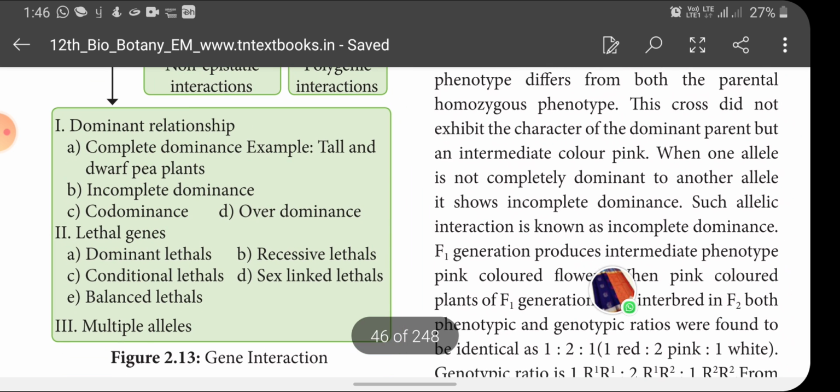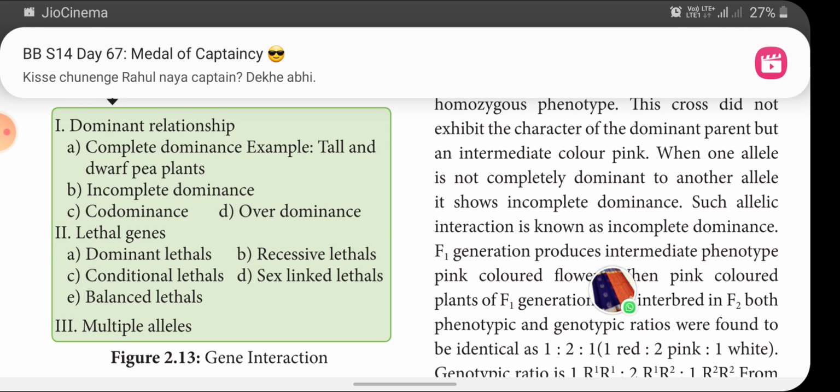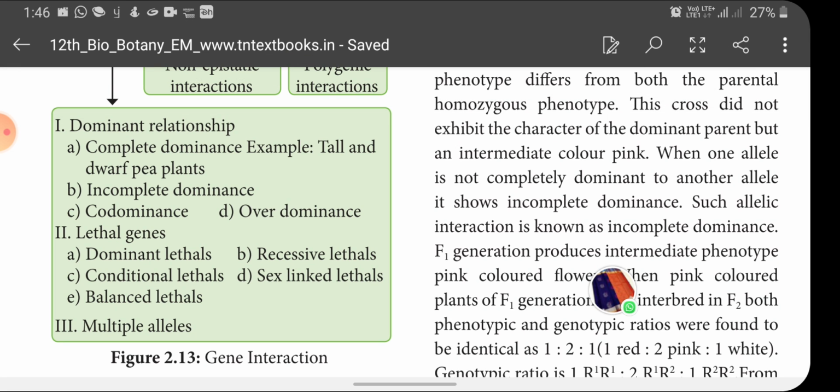And incomplete dominance we are going to see with an example in the four o'clock plant, Mirabilis jalapa. And then codominance. What is codominance? Our blood group is an example of codominance. We have different types of blood groups among humans: A blood group, B blood group, AB and O blood group, isn't it?